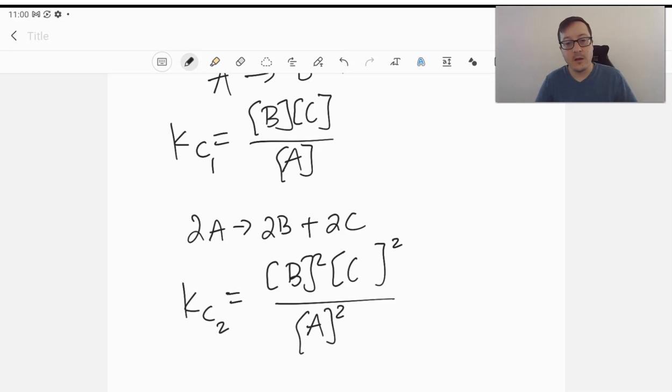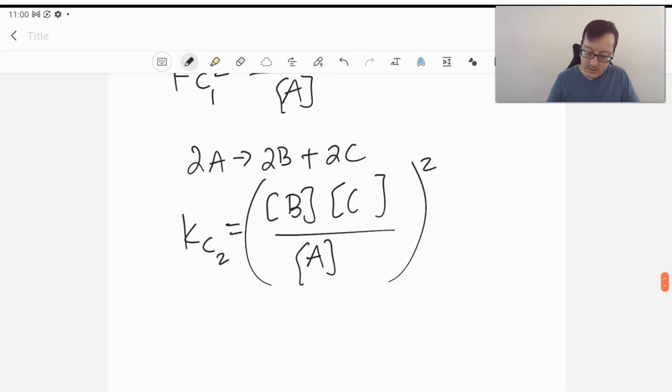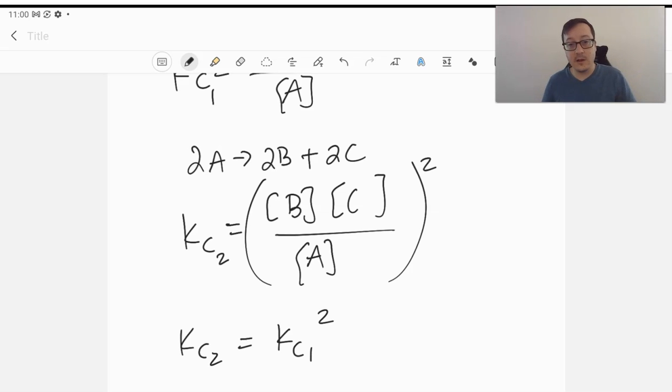If we compare them, well, Kc2 is just, remember with squares, since they're all squared, we can raise the whole thing to the second power. And so, in this case, Kc2 is Kc1 squared, whatever numerical value it was, squared.